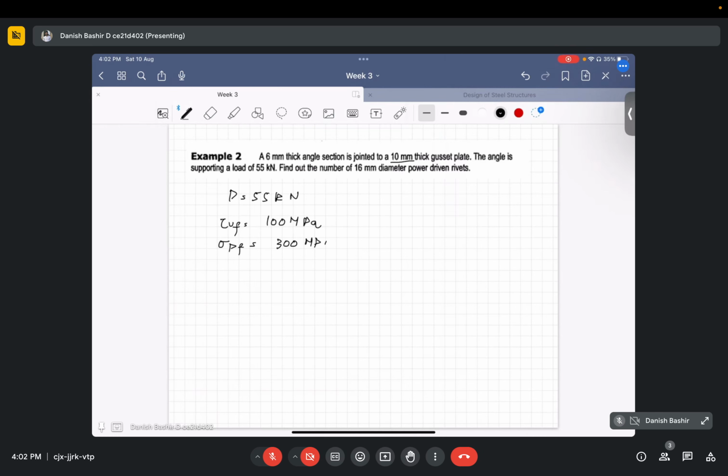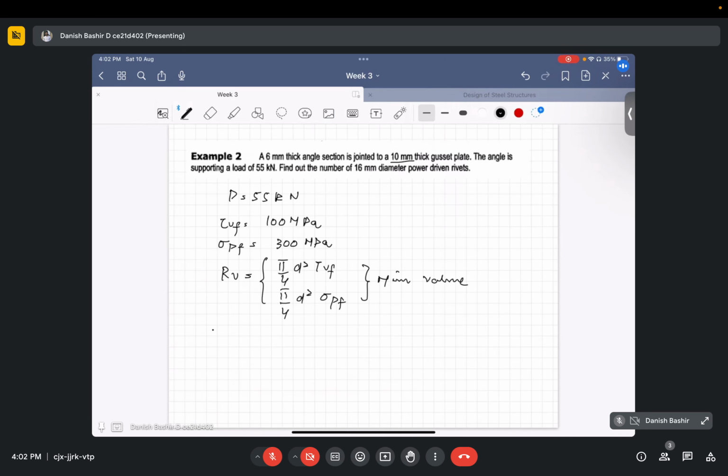You will calculate the rivet value as either pi by 4 d square tau vf or d times t times sigma pf, and you will take the minimum value.